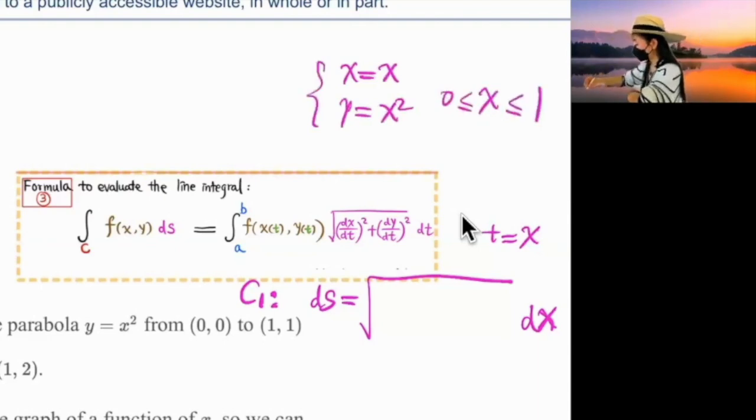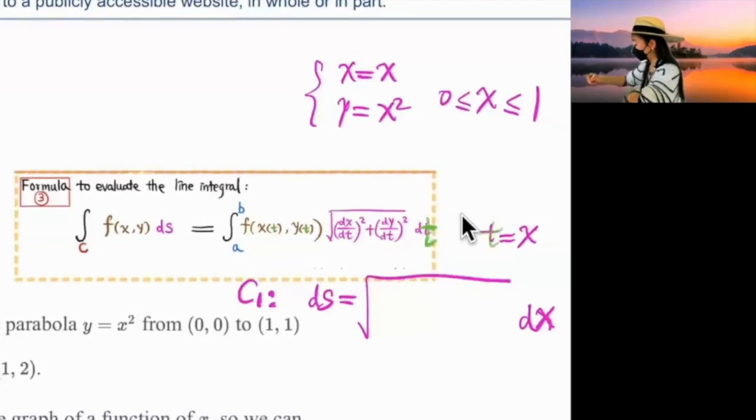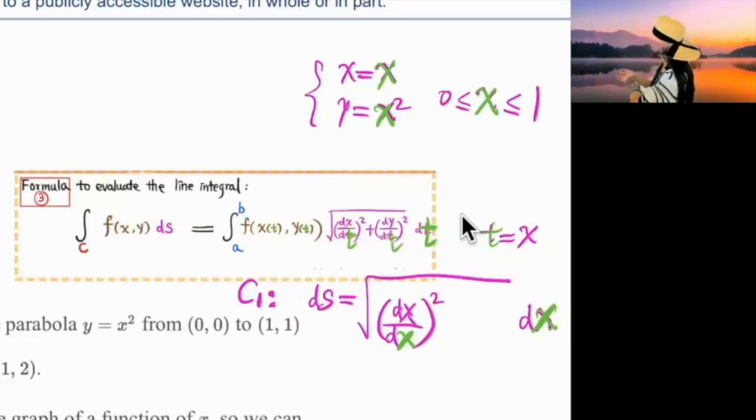The parameter we have here is x, so this is dx. And what should I put inside? Inside it is dx over d what? dx, yes, the parameter is x. So t is x.